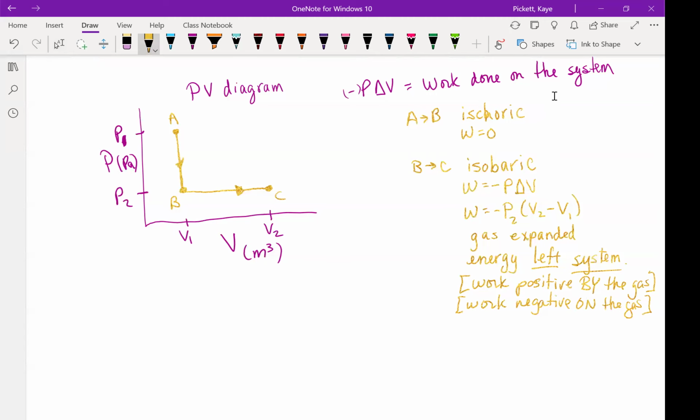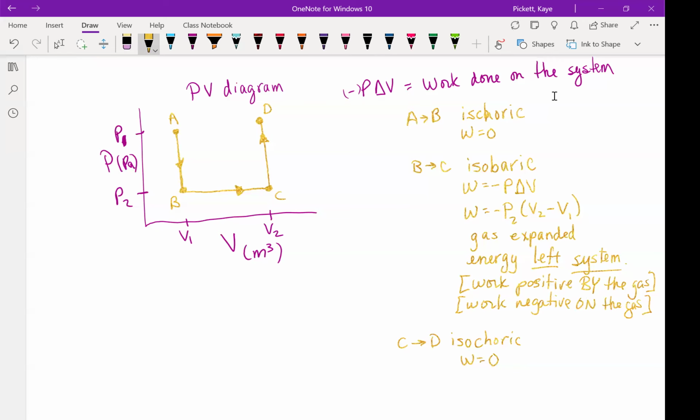So far, so good. So now we're going to go from C to D, and I'm going to go up here. And that's another isochore, obviously. The work is equal to 0 because delta V equals 0.